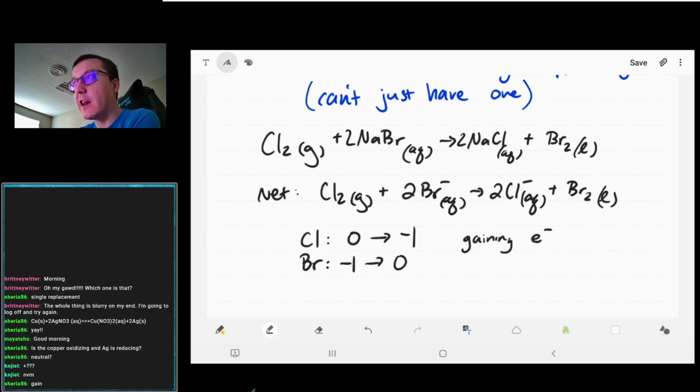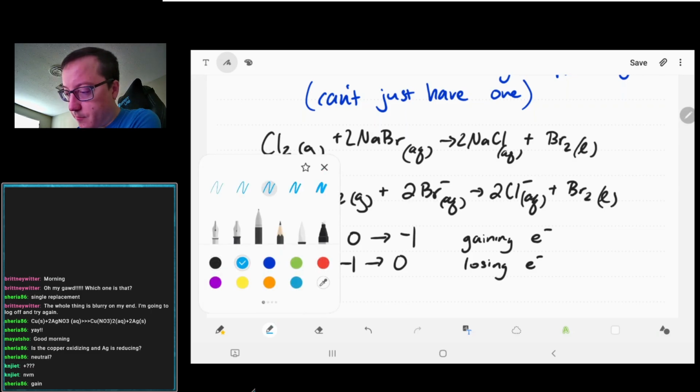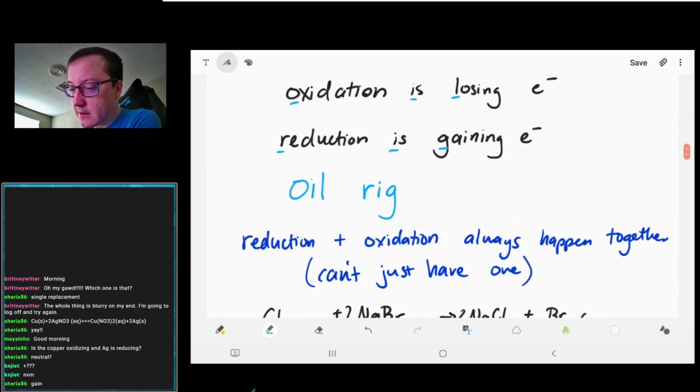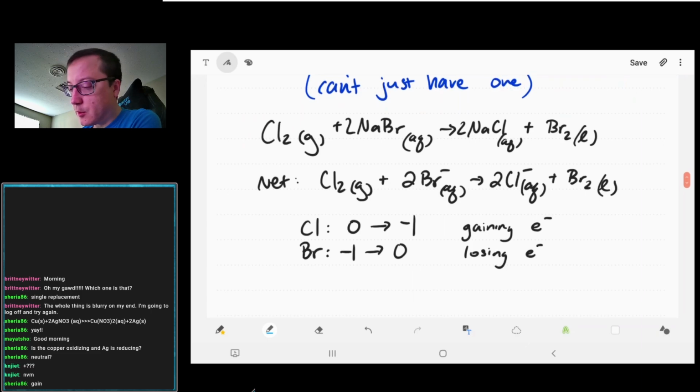So the opposite one must be losing electrons. We can always double check: bromine is going from negative to something more positive, so it's losing its electrons. Going back to our vocabulary lesson, OIL is losing, oxidation is losing, and reduction is gaining. So chlorine, who is gaining, that is reduction. Bromine, who is losing, that's oxidation.